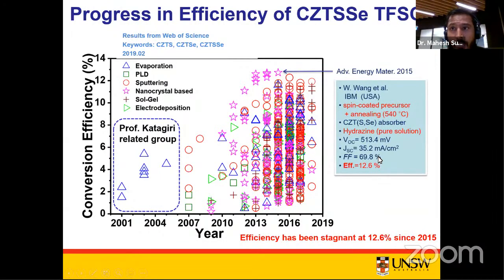However, as analogous to chalcopyrite, the researchers followed a similar trend to that of the chalcopyrite CIGS compound, which led to the record efficiency of 12.6% in just 15 years. However, it has been stagnant since 2014, because the efficiency was reported in 2014, but the paper was published in 2015. A key issue of the stagnant PCE of 12.6% since 2015 is the large open circuit voltage deficit, which I will discuss in my later slides.